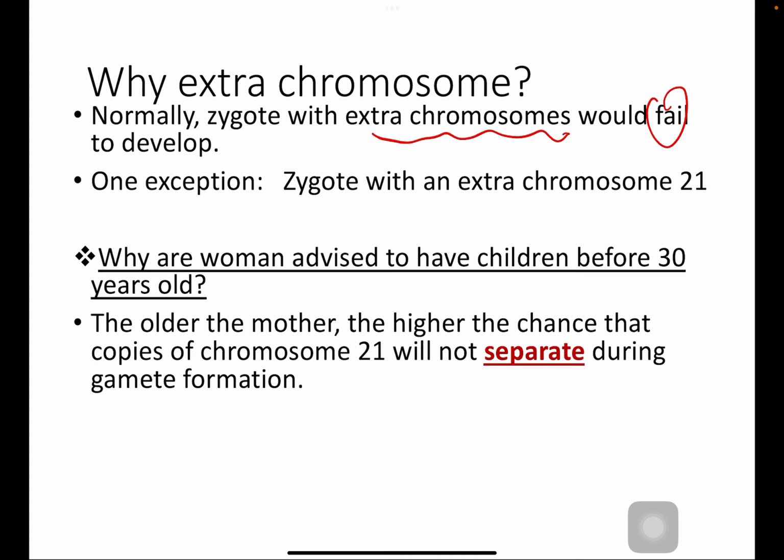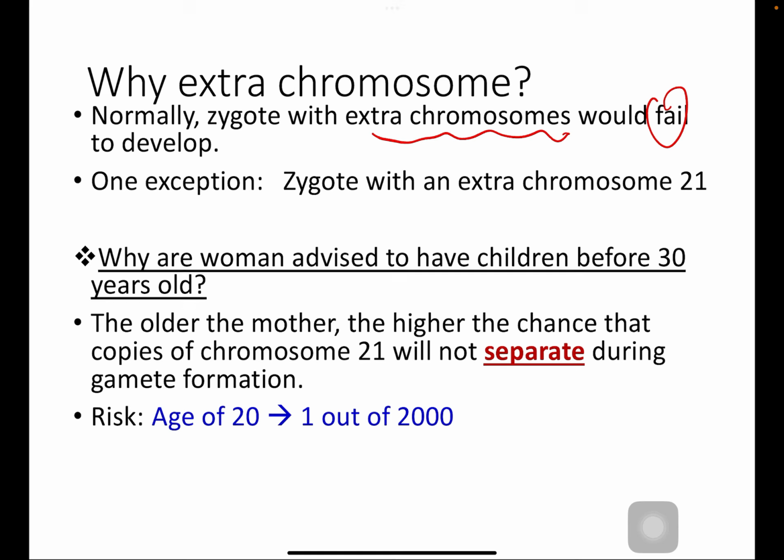So why are women often advised to have children early in their prime time, in their early 30s, is because the older they get, the higher the chance that the copies of the chromosome do not separate properly during gamete formation. But this does not mean that every late pregnancy will result in Down syndrome. There are still many other factors to be studied and understood.